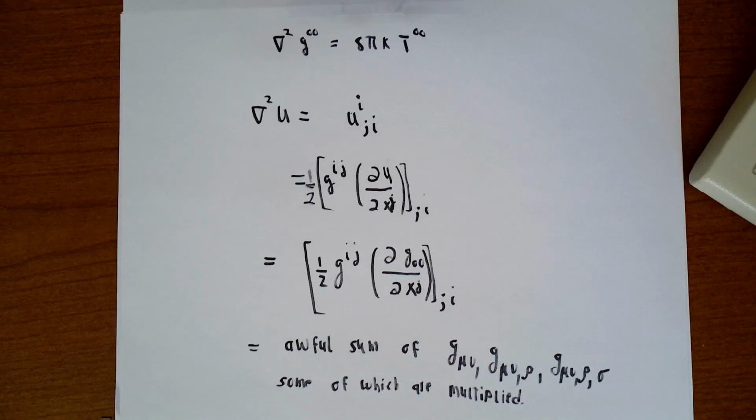The Laplacian of U from the Newtonian theory is going to become some enormously messy thing involving nonlinear combinations of metric tensor and metric tensor first and second derivative components. It's going to be a mess.